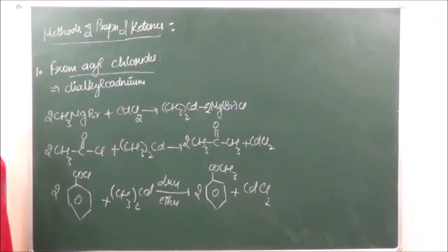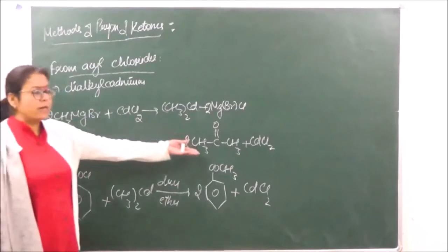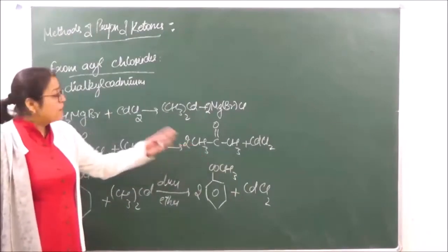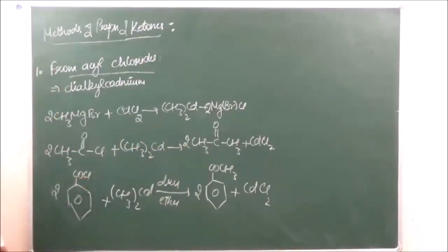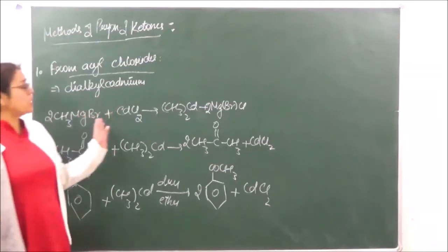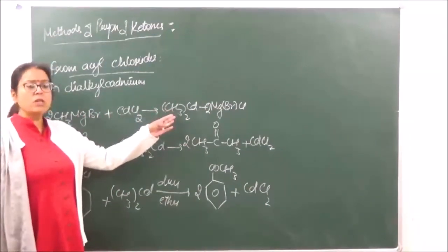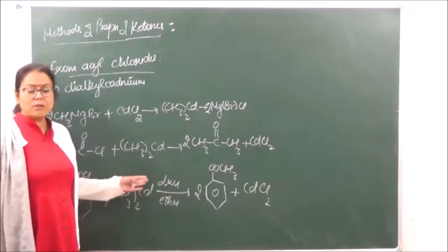Okay, now this reaction can be carried out in presence of Grignard reagent also, because if you're taking directly CH3COCl and you're reacting with 2CH3MgBr, this is the product which we are going to get. But why are we not using Grignard reagent over here? Why are we first converting Grignard reagent into the dimethyl cadmium and then reacting it?